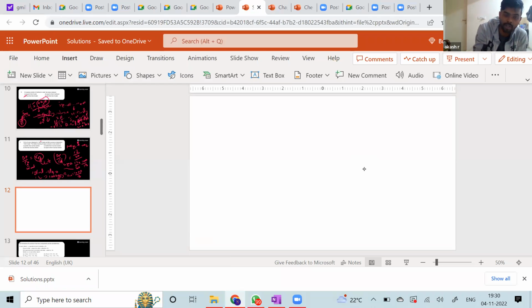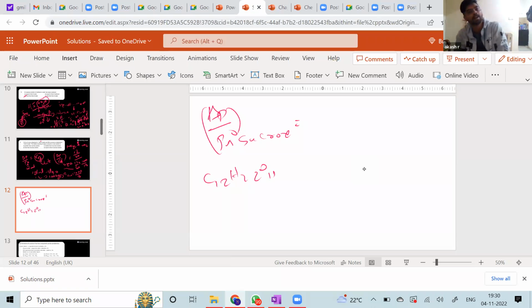Right. So now let us calculate the del P divided by PA naught of your sucrose solution. Right. Now what is the sucrose formula? C12H22O11 is the formula for sucrose.